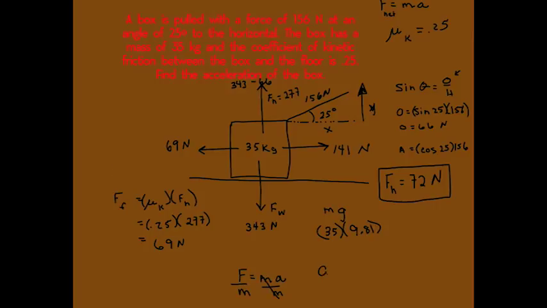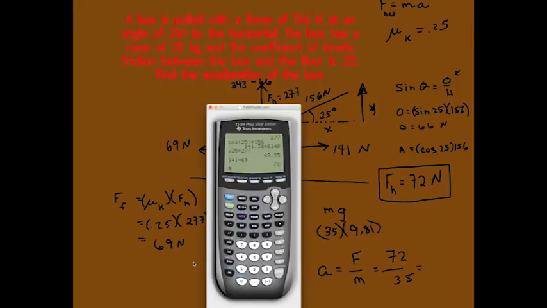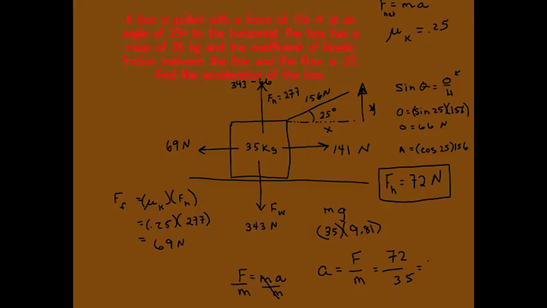So acceleration is equal to force divided by mass. 72 divided by 35, which is the mass of our box, gives us 2 meters per second squared. Problem solved.